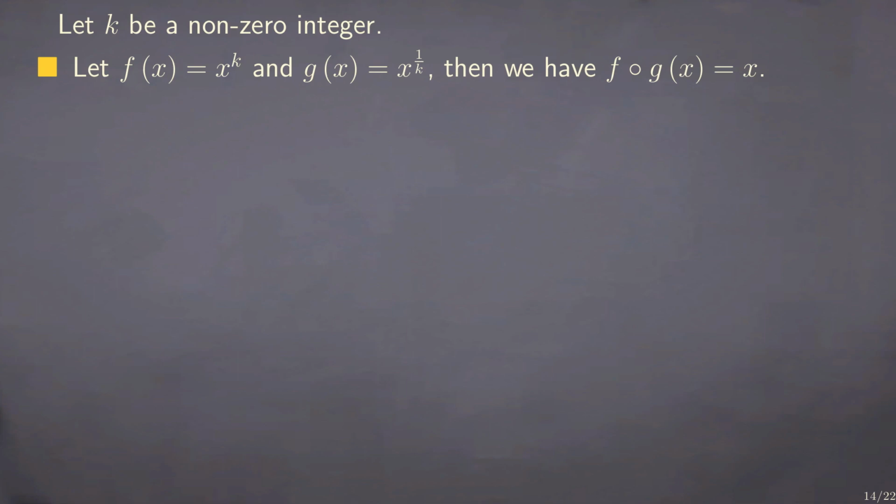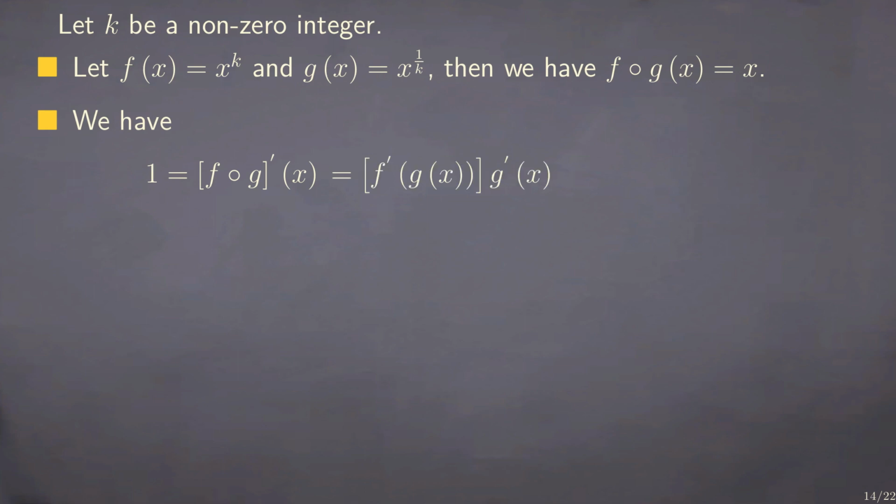Then we have that the composite function f round g is actually the linear function y equal x, right? So by taking the derivative of both sides of the equation, we get that 1 is equal to the derivative of the composite function f round g. Using the chain rule, we now know that it is the product between the derivative of f evaluated at g of x times the derivative of g.